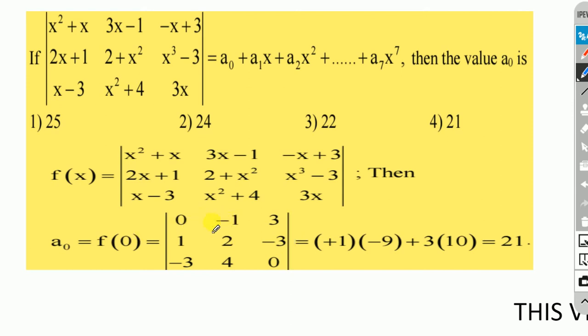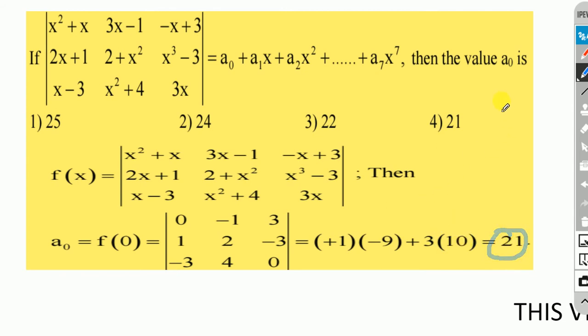So that is 0 into something 0, and the second element I have minus 1, so minus of minus 1 is plus 1 here. So leave this row and column so that I have 1 into 0 minus of minus 3 into minus 3 is minus 9, plus 3 into 4 into 1 plus 6 which is 10 here. So I have 30 minus 9 which is 21.